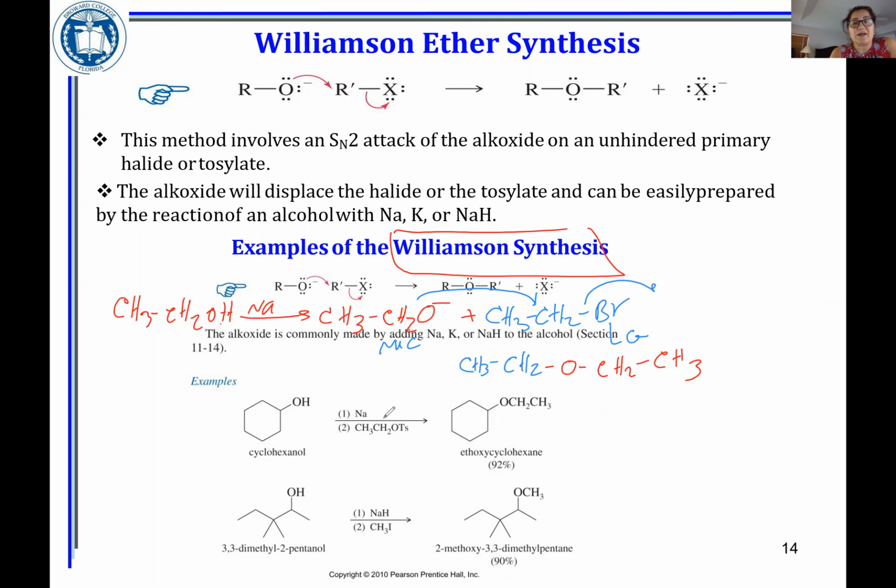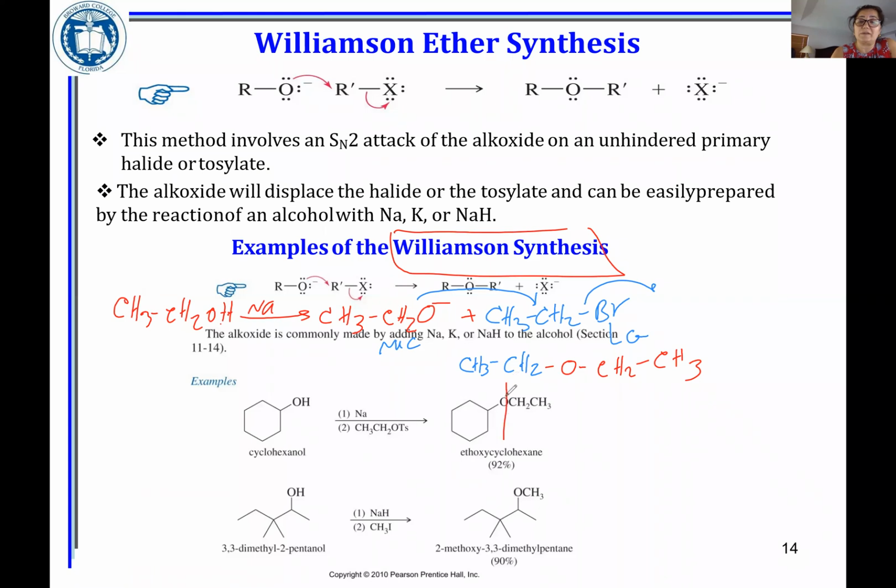Another example you have here is cyclohexanol. If you want to do a retrosynthesis, what does retrosynthesis mean? This molecule, an ether, is coming from two different reactants. One is alcohol and the other one is alkyl halide.